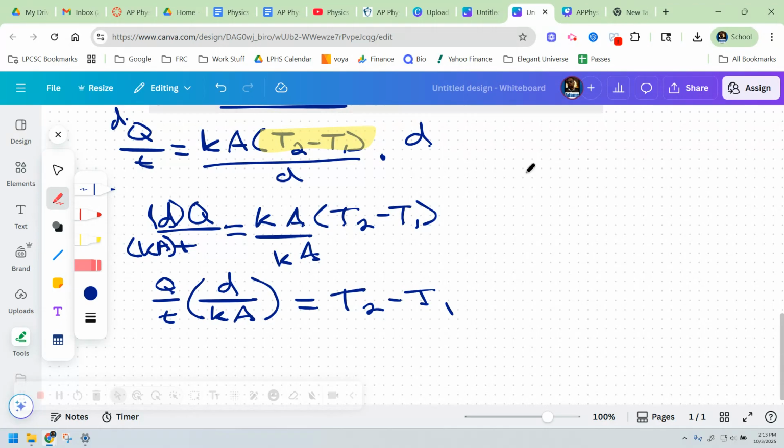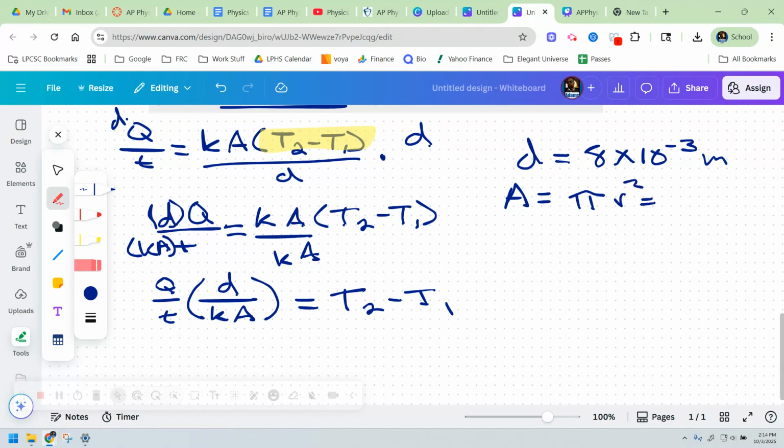Okay, well, what do we know? We know that the thickness of the pan in this particular case is 0.8 centimeters, but we have to convert that to meters. So if you use your big brains, we get 8 times 10 to the negative 3 meters. That's the thickness. The area is a circle, so the area of a circle is pi times the radius squared, but they don't give us the radius.